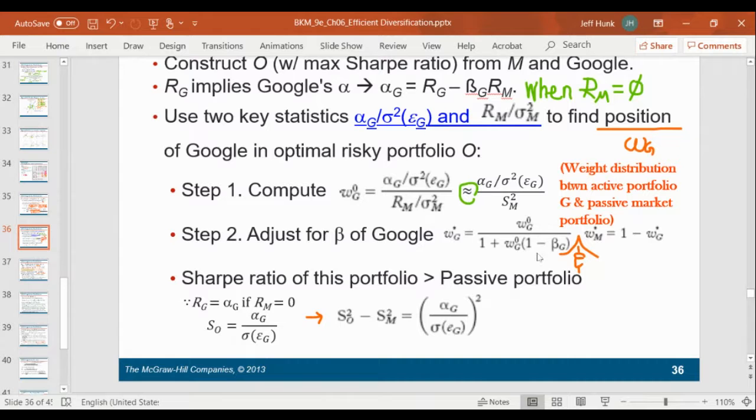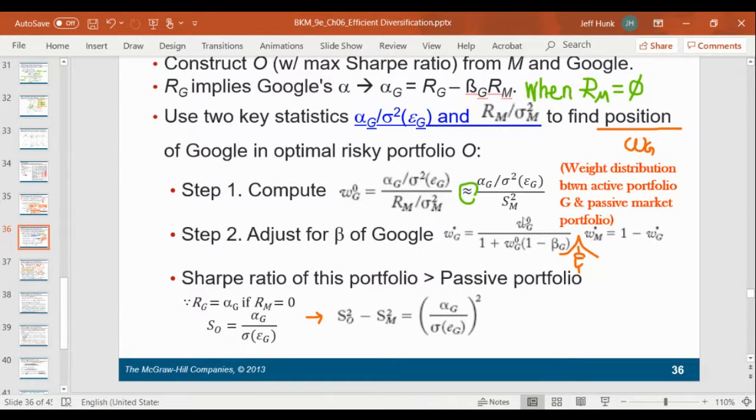Unadjusted Google's weight, if it was 0.5, right? Let's say, whatever it may be.